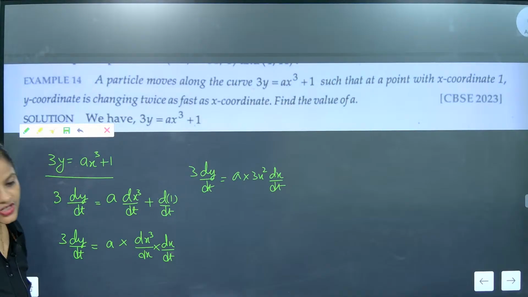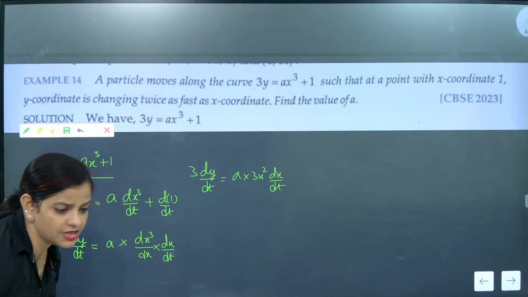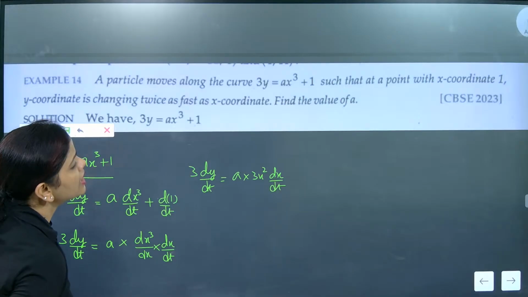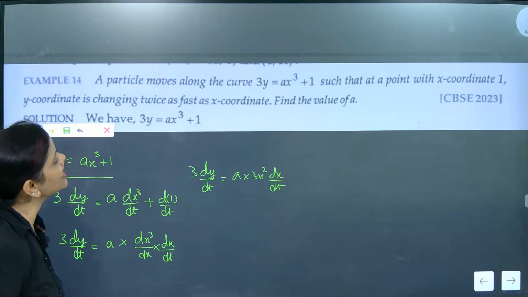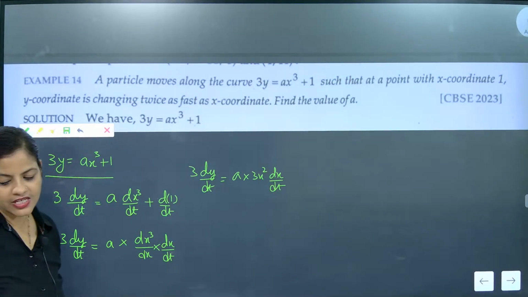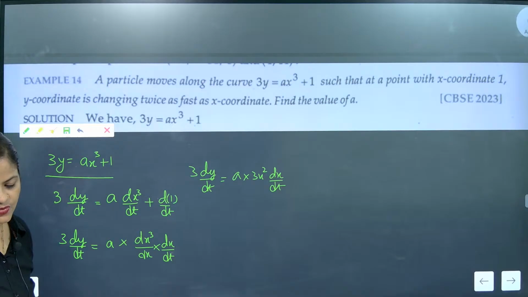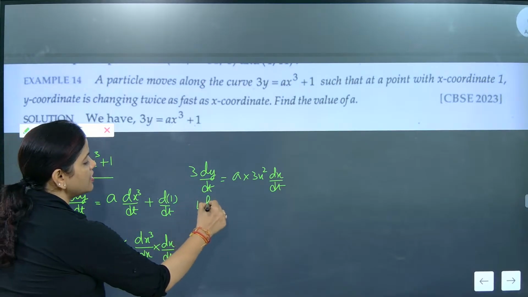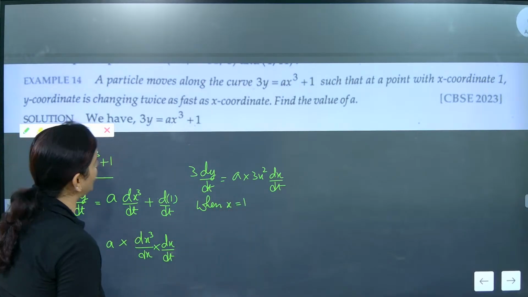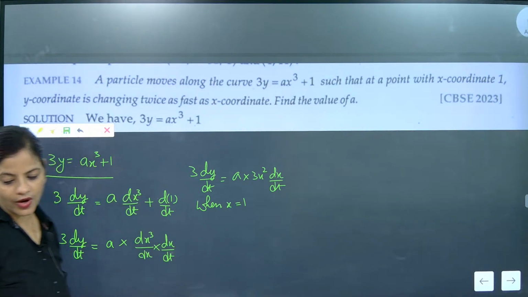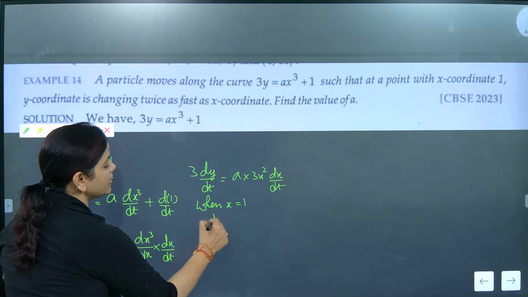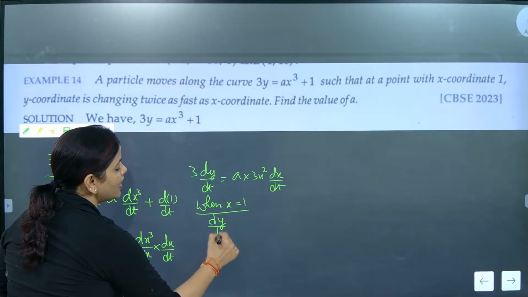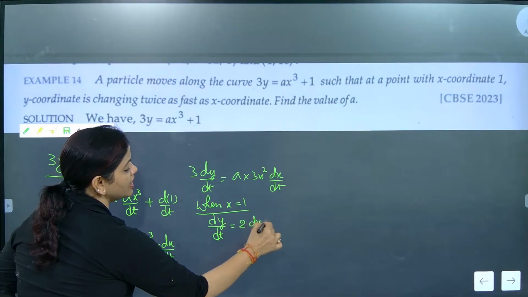Now, what is the statement written there? The statement says that when x is equal to 1, y is changing twice as fast as the x coordinate. This is exactly the situation given: when x is equal to 1, dy by dt is 2 times dx by dt.